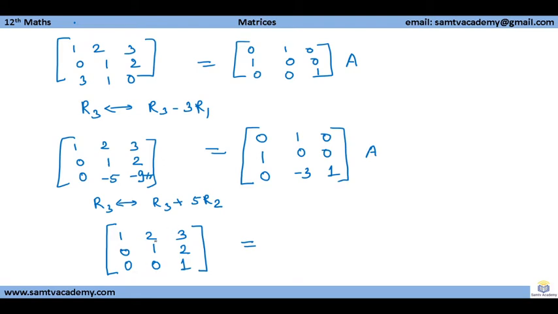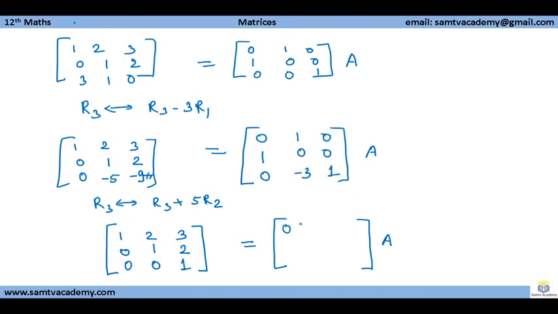Now we have to take these 3 elements and, as per the requirement, make these 0. Now a similar operation we will perform on this side. We will keep first and second the same.